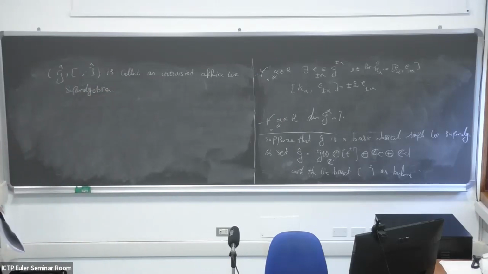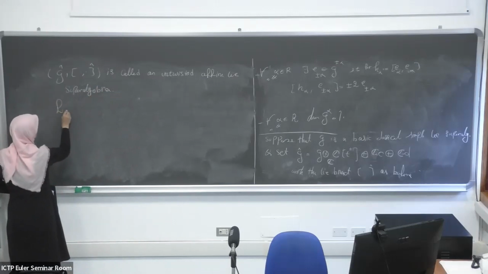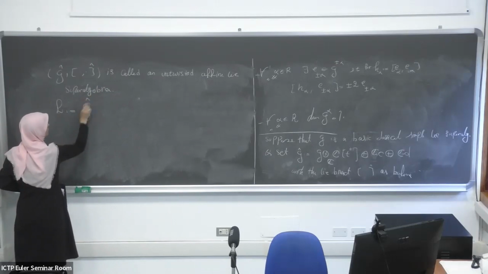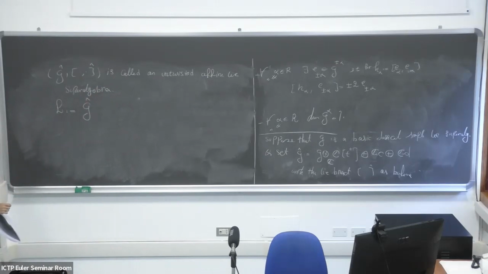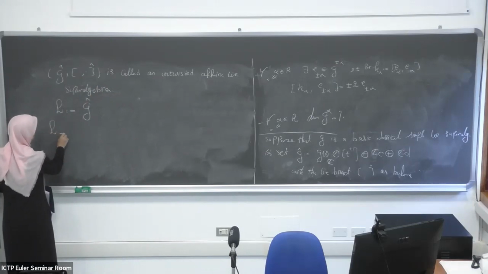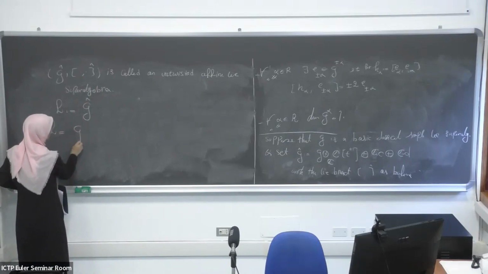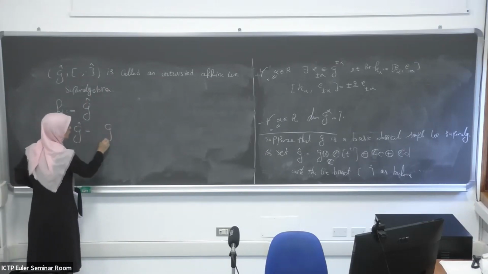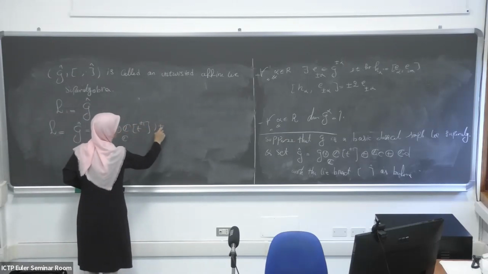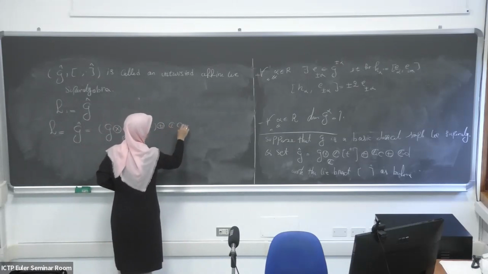Okay. For simplicity, I write L for G hat, right? Okay. As in our example, L is G hat, it is G tensor CT plus minus 1, plus CC plus CD.